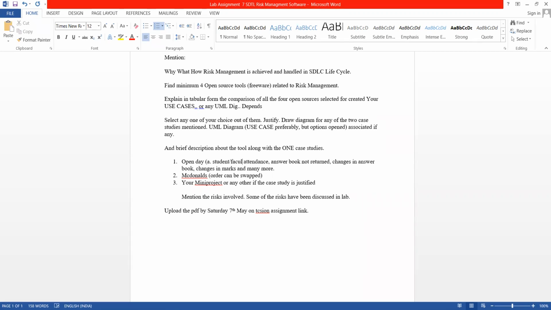Because it may happen that sometimes there may be a human error from both ends, maybe genuinely from the student side, but not genuinely from the faculty side at least. Then answer books could not be returned. Basically, open day was that we share your answer sheets with you in your lecture series, so that you see whether by mistake we have not been able to give you justified marks.